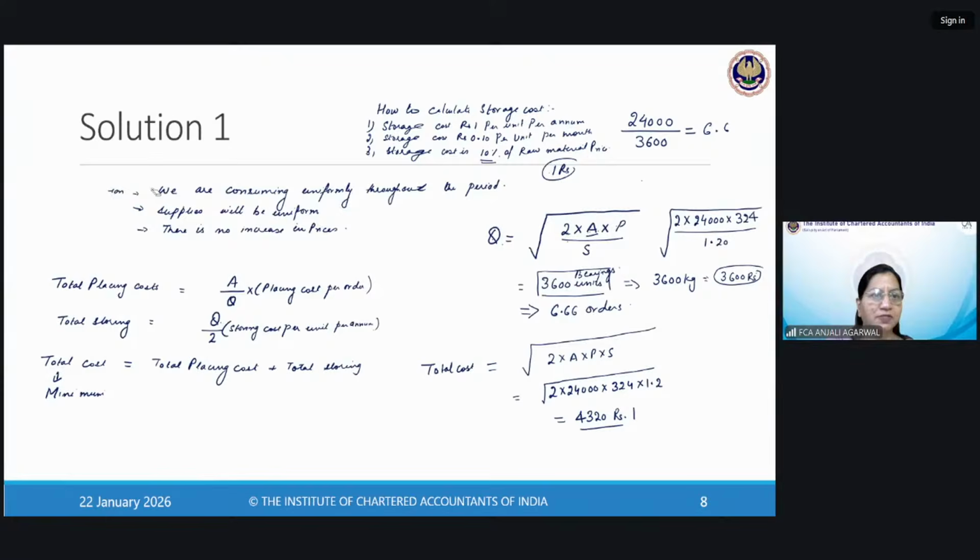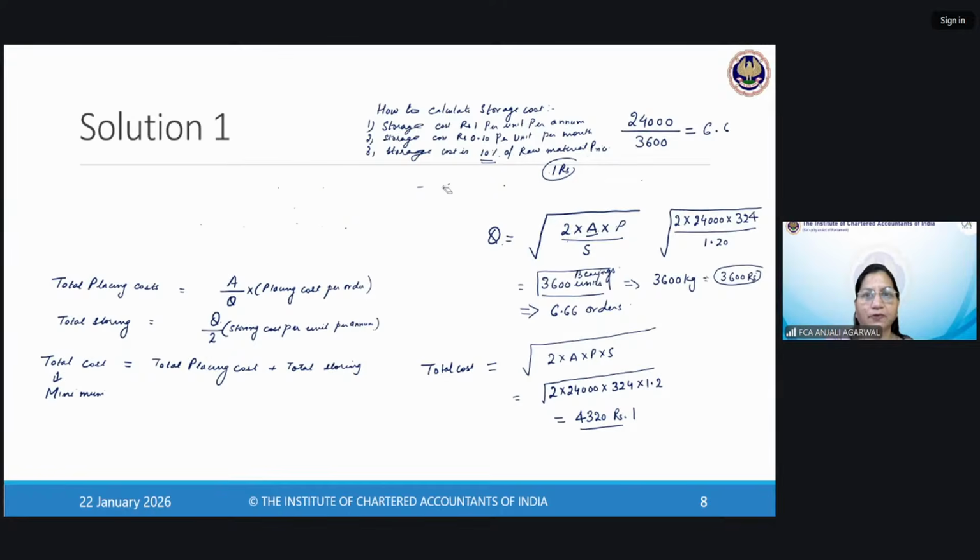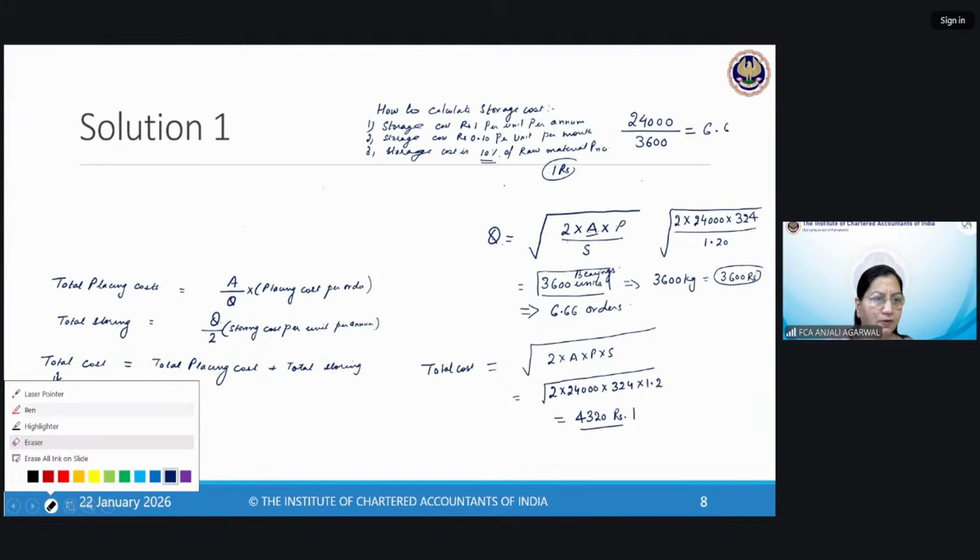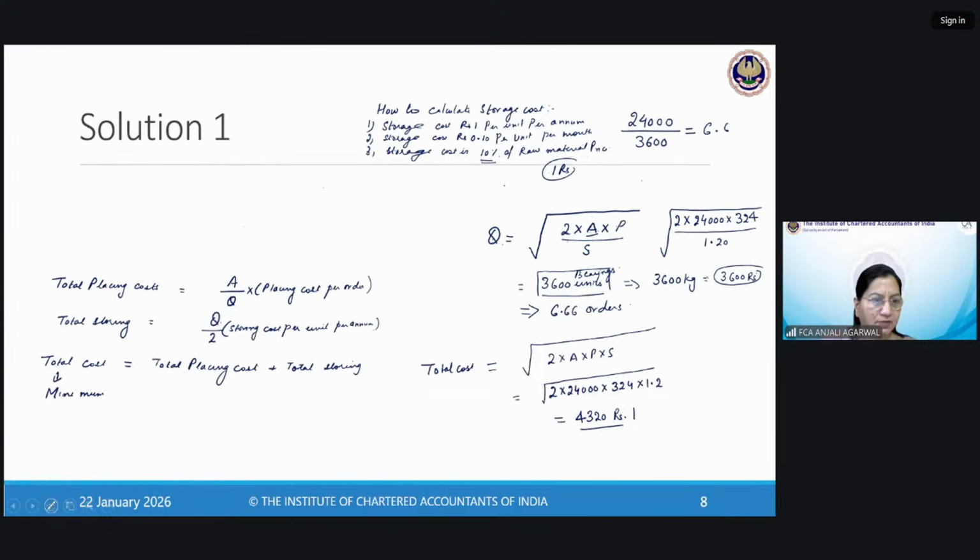Apart from this, there is another important way in which the storage cost can be taken. I'm going to erase this assumptions part here. Take a note of it. So if the storage cost is given as interest cost 6%, rent 1 rupee, insurance premium, you also insure your raw material, so you need to pay an insurance premium for that.